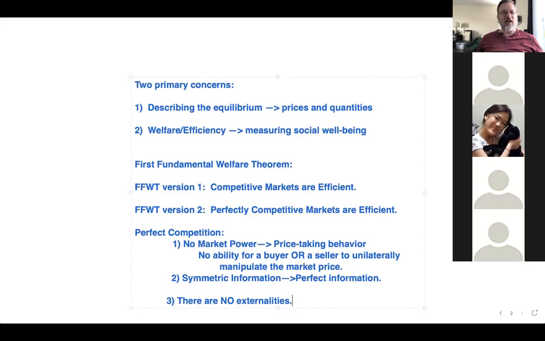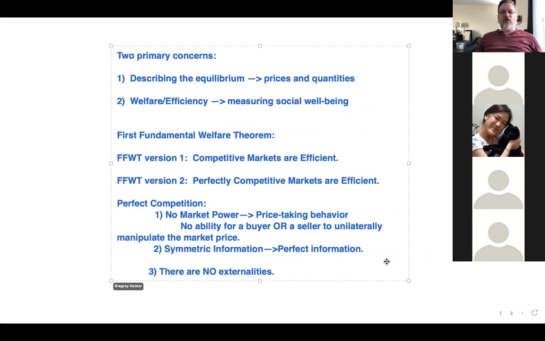So there are hidden costs that fall on third parties. That's one example of an externality. We'll talk more about externalities likely towards the end of the class. It's one of the last things that we talk about.